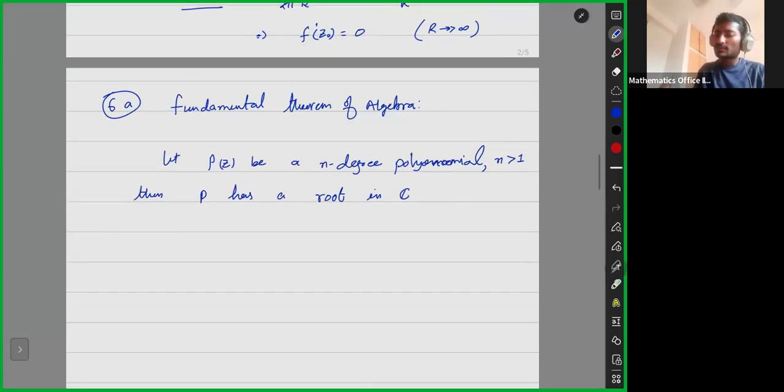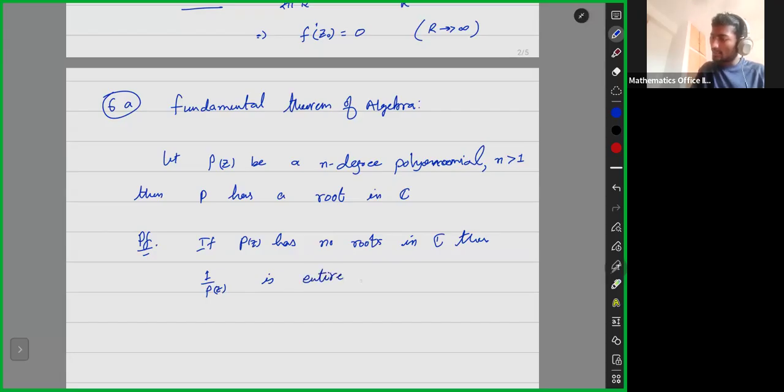So the proof is obvious using Liouville. The idea is, if p of z has no root, then what happens? 1 upon p is an entire function, and this step is crucial.